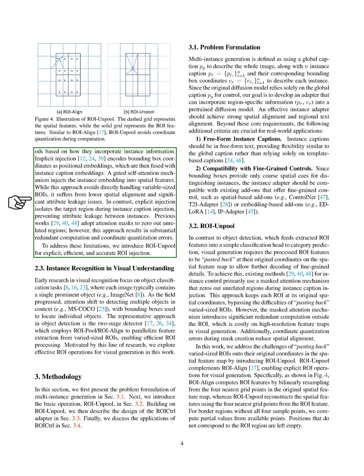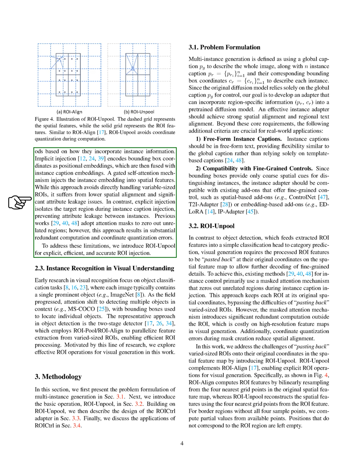Implicit injection encodes bounding box coordinates as positional embeddings, merging them with instance caption embeddings. A gated self-attention mechanism then integrates the instance embedding into spatial features. While this avoids the complexities of handling variable-sized regions of interest, ROIs, it often results in poor spatial alignment and significant attribute leakage.